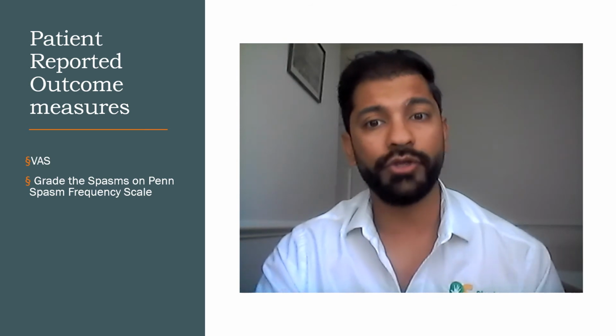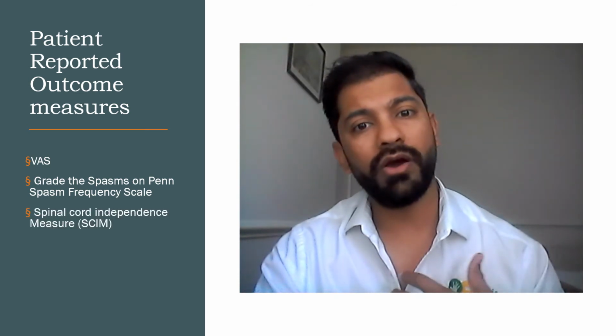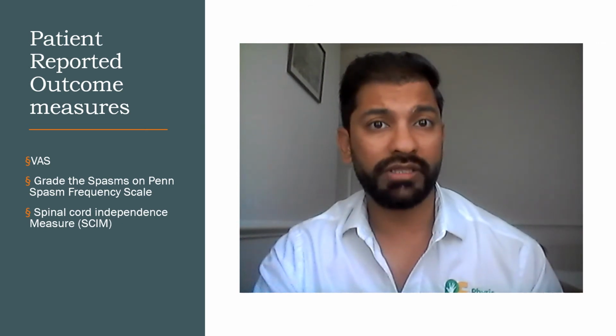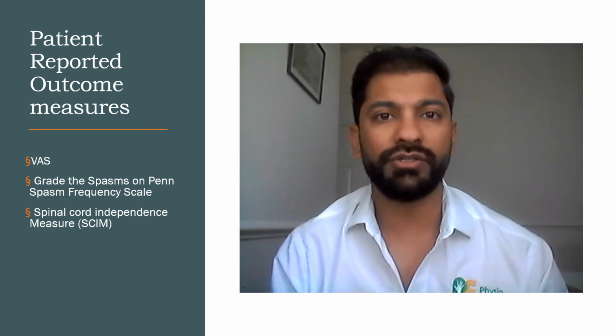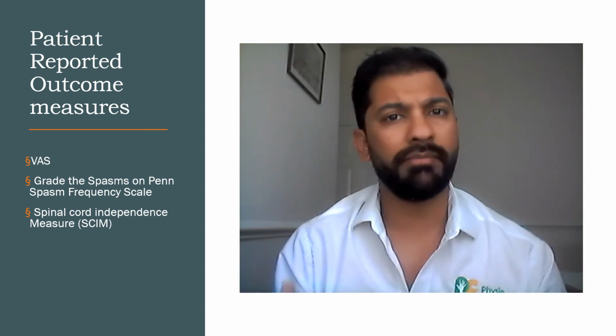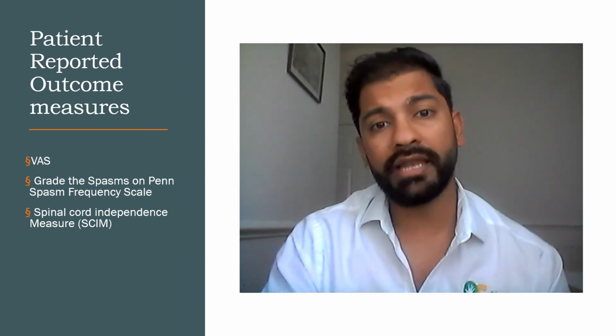Another thing you can do is, if the patient's spasms are quite high, you can do the Penn Spasm Frequency Scale. Also, I have done SCIM with many of my patients, and it's a scale where you measure patients on their self-care, mobility, and many other things. So you can use that as well.